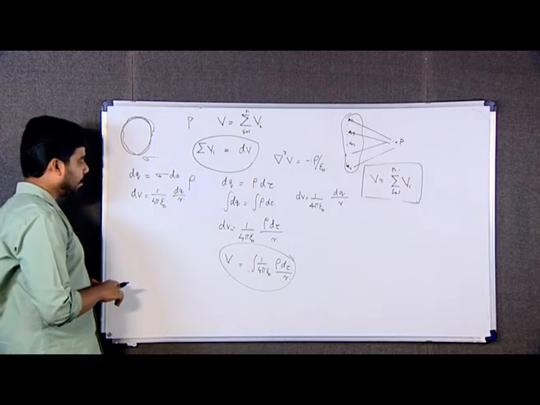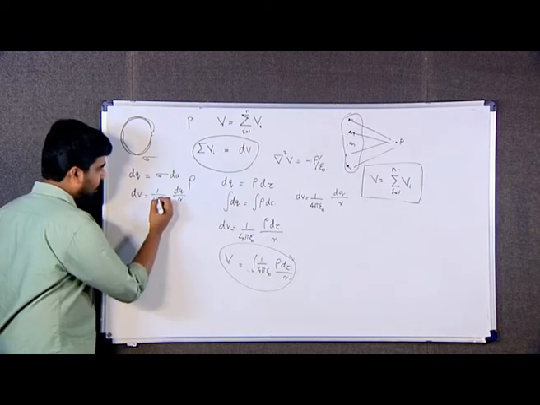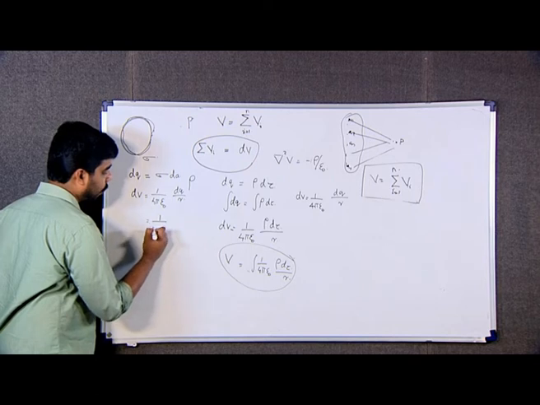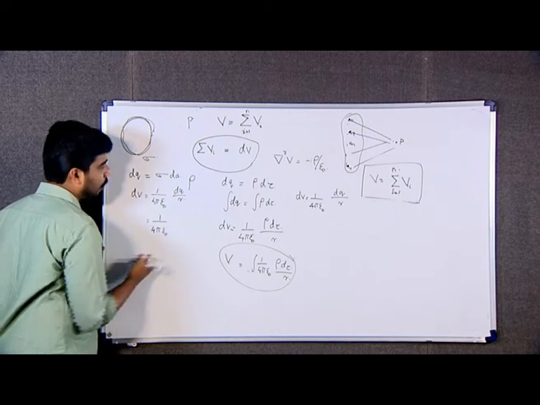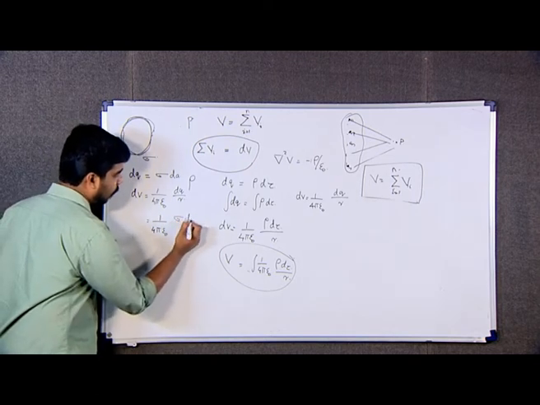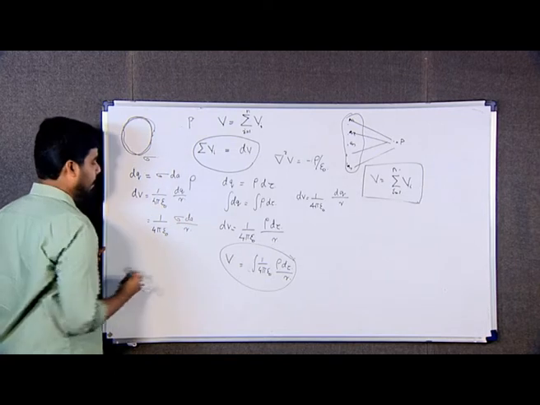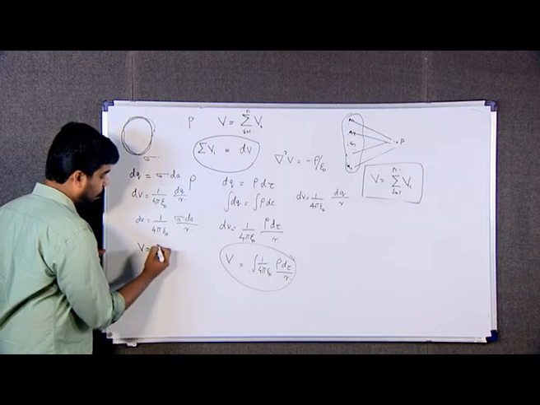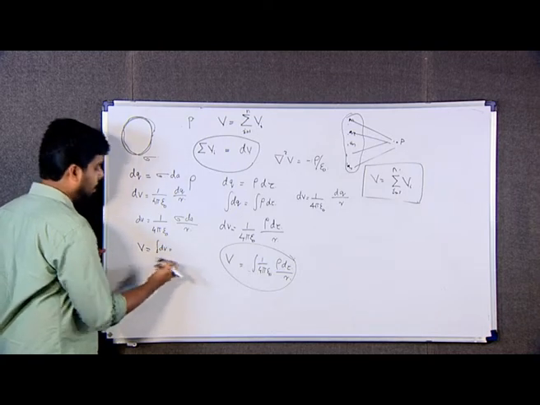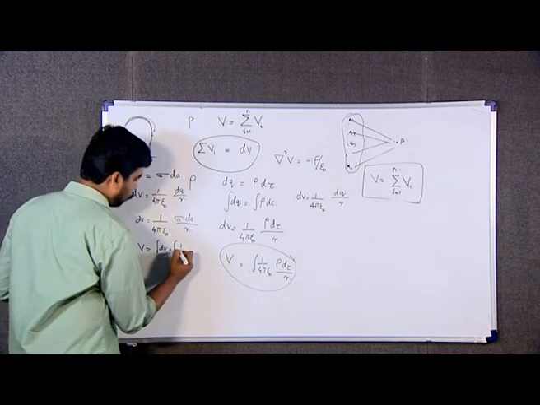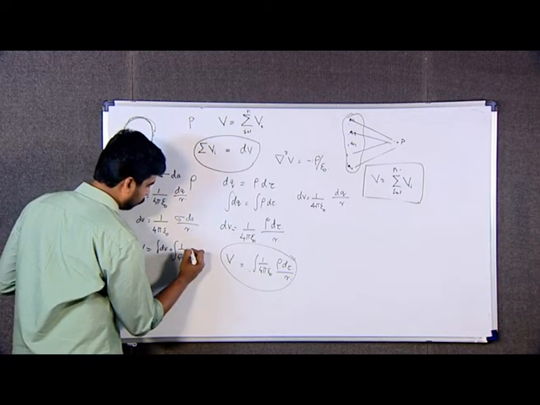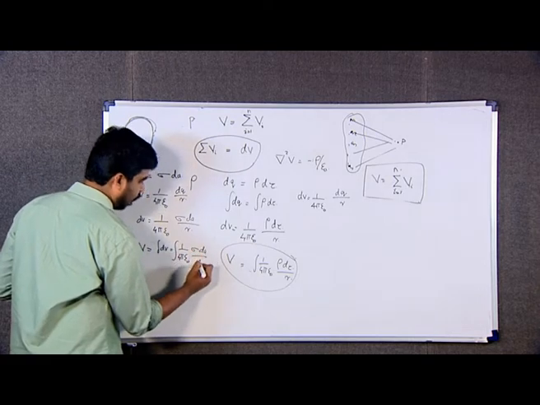So, according to this surface charge distribution, dV is equal to 1 by 4 pi epsilon 0 dq by r, and I am substituting for dq as sigma dA, so dV is 1 by 4 pi epsilon 0 sigma dA by r. So, the total potential V is equal to integral dV, which is equal to integral 1 by 4 pi epsilon 0 sigma dA by r.